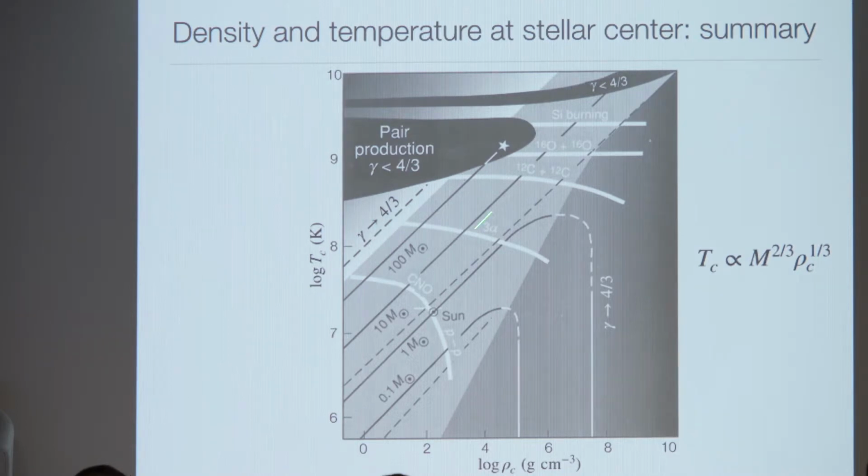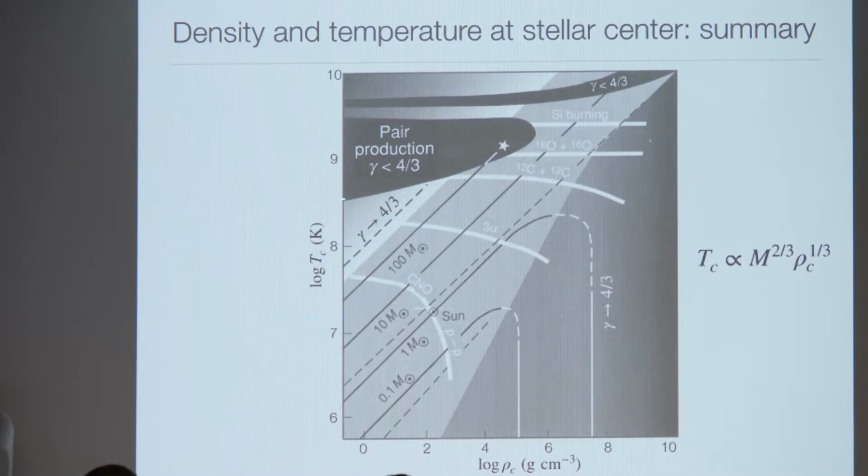If the mass is sufficiently high, then you can avoid this degenerate region, and then the star can go all the way to here. But at this top region, there's a region where the star will collapse, basically. And that will lead to a supernova explosion, as we will see in the afternoon.